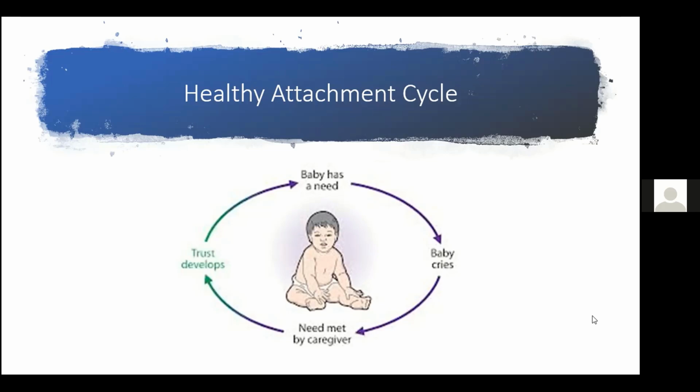So lots of eye contact, body language, talking. In this way, they're helping the child to feel safe by providing and meeting their needs. And that means the child is not experiencing anxiety, because their needs are being met. So the stimulus that they present is managed and their feelings are therefore regulated.